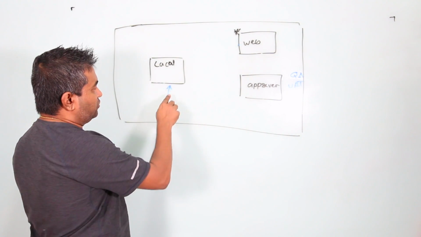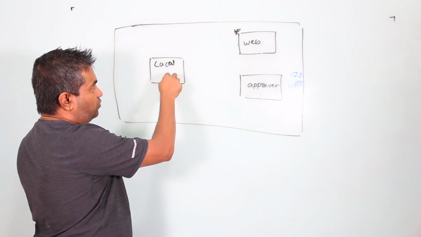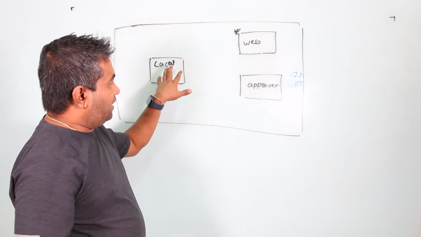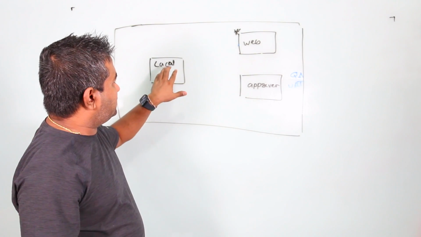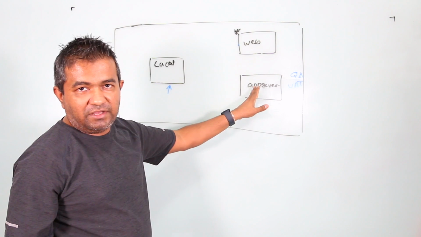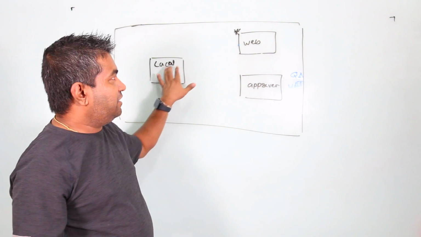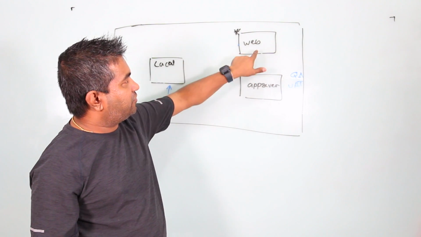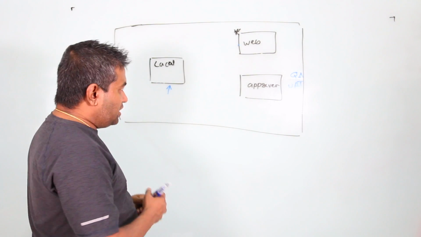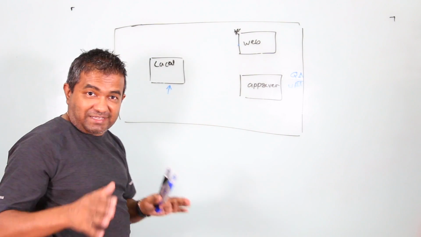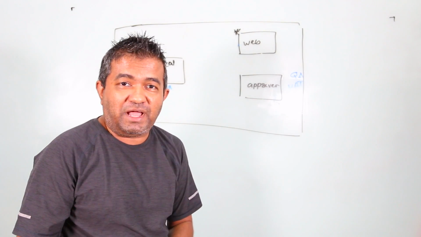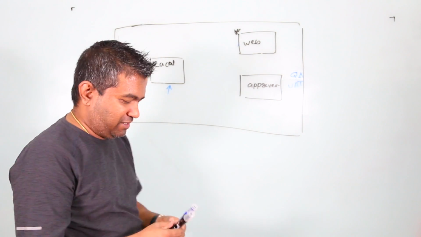Here's how it works. If you want to check connectivity from here to here, you execute the commands on this machine. If you try to connect from here to here, you execute the command on this machine. This is again so important, because people have so many misunderstandings about the ping command.